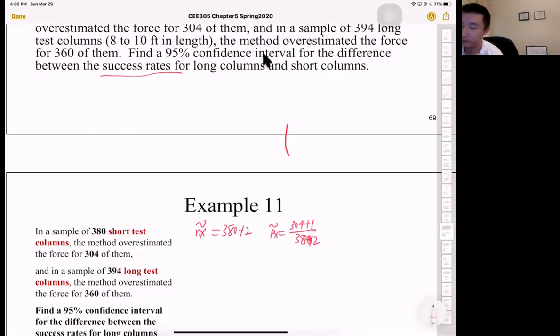And modified ny is equal to 394 plus 2, so modified py is equal to 360 plus 1 divided by 396.